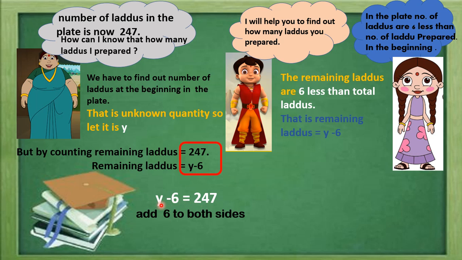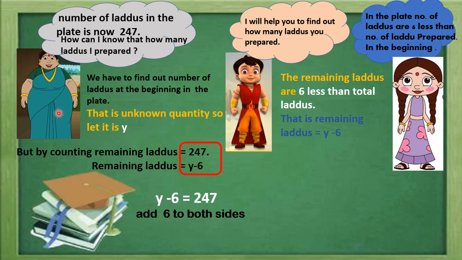But in the left hand side there is minus 6 also present with the variable y. So we have to remove this 6 by adding, as we know that 6 minus 6 is equal to 0. So we add 6 in the left hand side as well as in the right hand side.